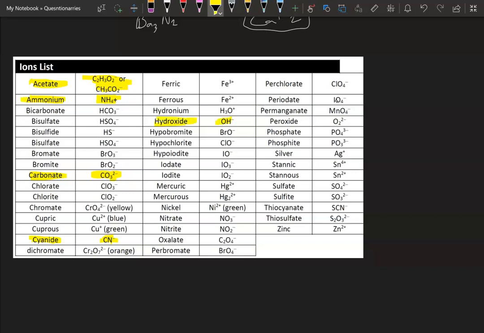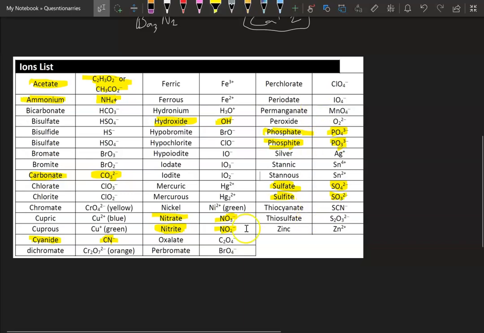Everything that is highlighted right now is going to be fair game on the first exam. As you start to work with the memorized names and the polyatomic ion formulas, you also need to make sure you pay attention to the charges as well.